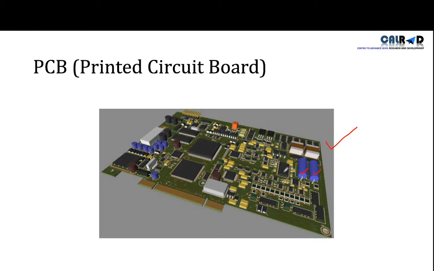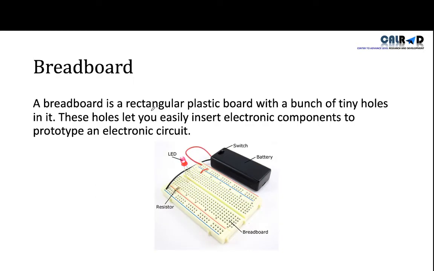There are also digital components like ICs on this, which perform digital functions, but mostly when we study analog electronics, we talk about these printed circuit boards. But here we are talking about digital logic design, so we should talk about breadboards. Actually, what is a breadboard?